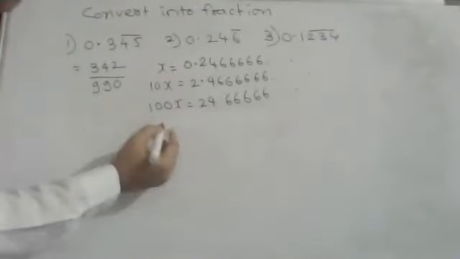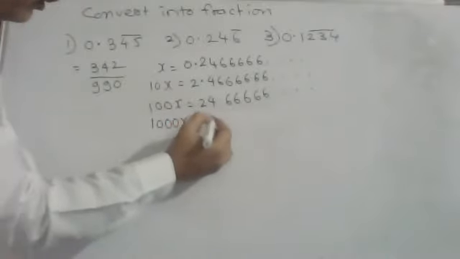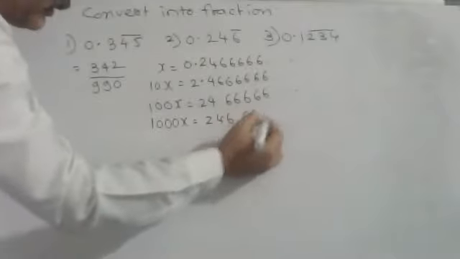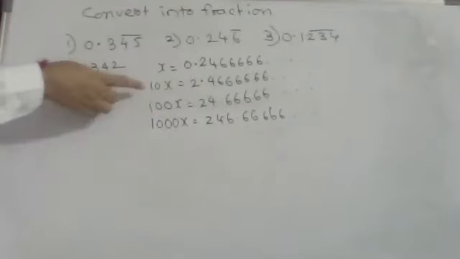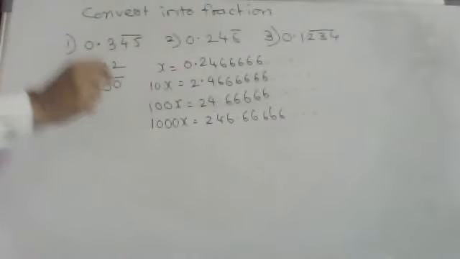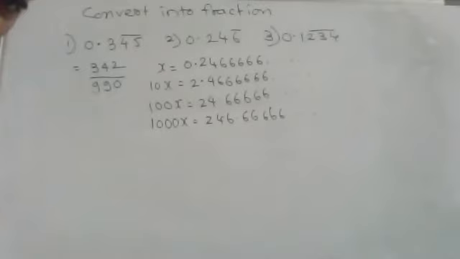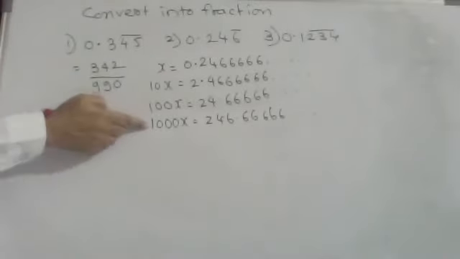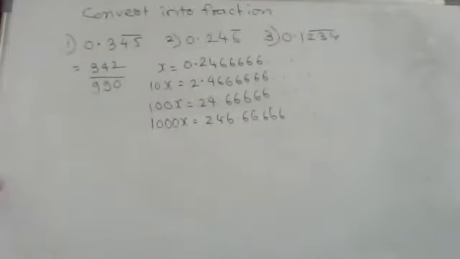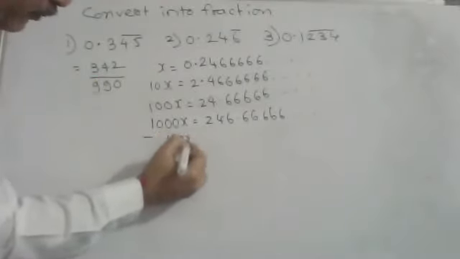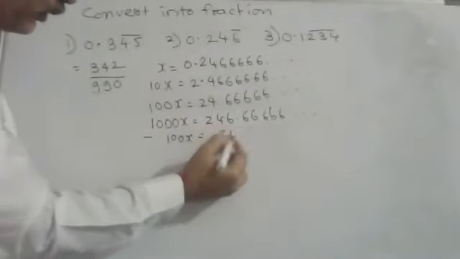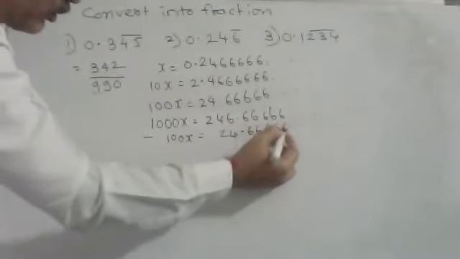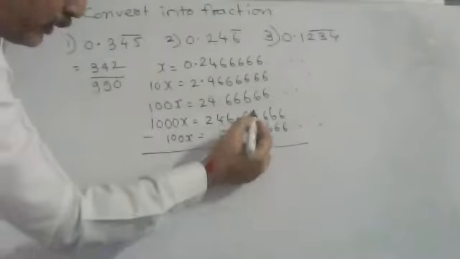Now if I subtract 100x from 1000x, this 0.66666 onwards will get cancelled.